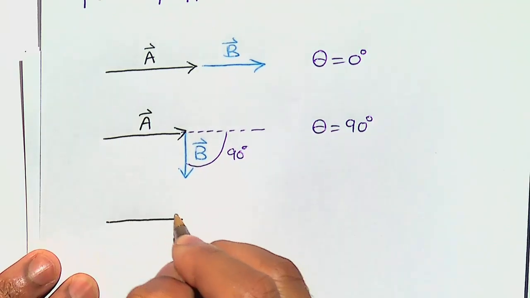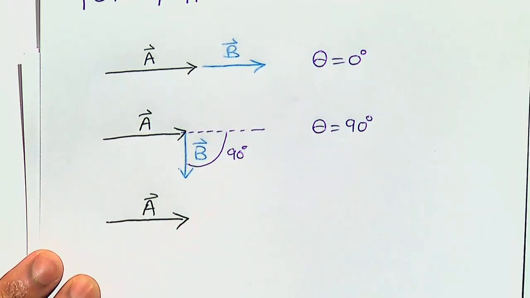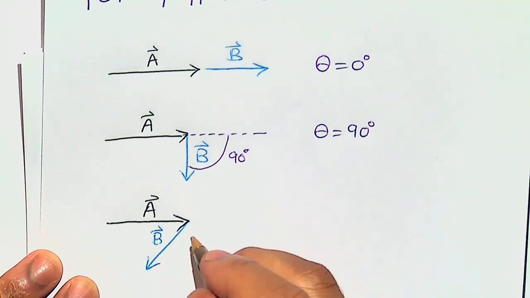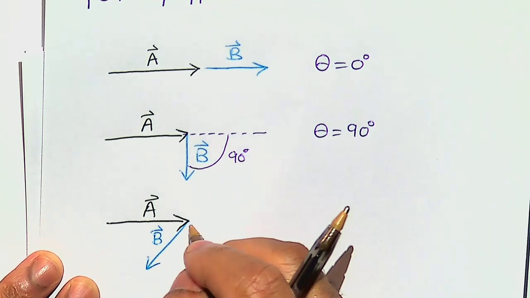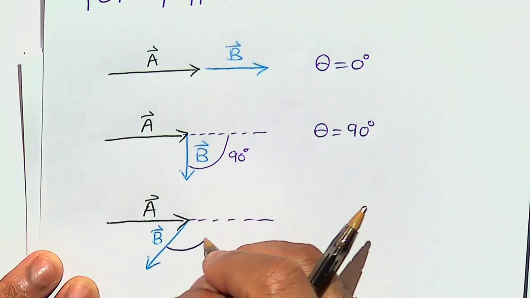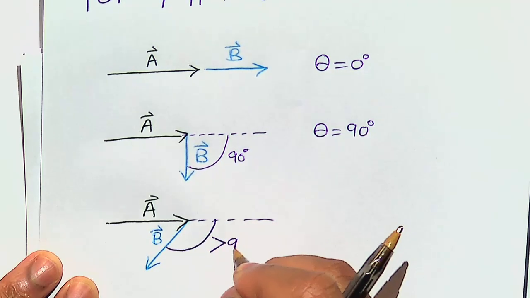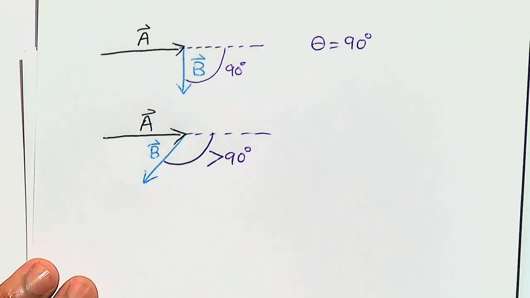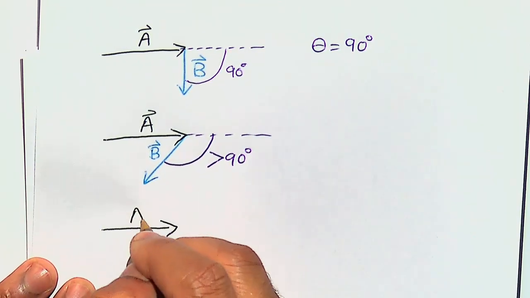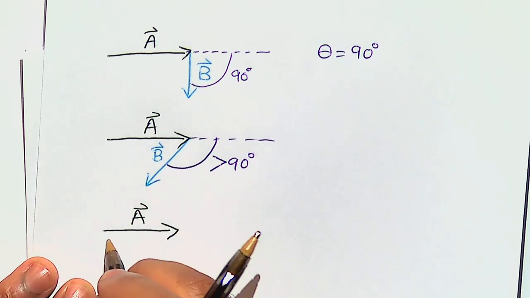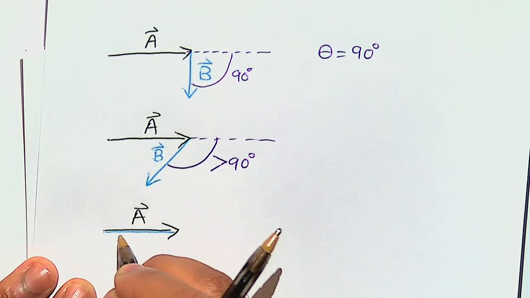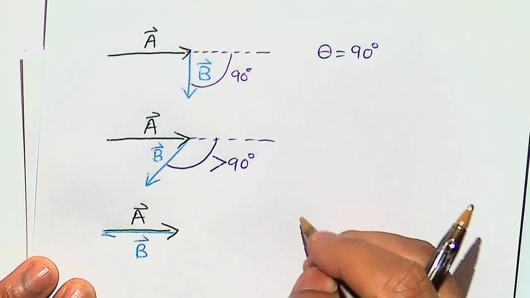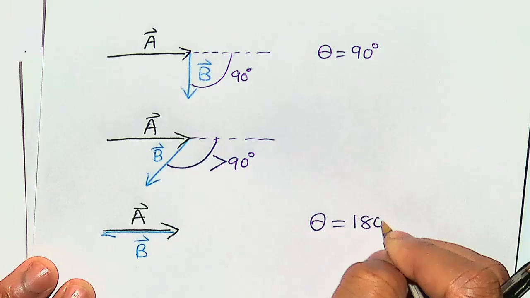So it can be a case where A points like this, and then B points like this, and what you get is some angle that is larger than 90 degrees, right? And it can go all the way to the extreme where they're actually pointing opposite each other. So A is pointing like this, and then B, I'm going to draw it side by side, is pointing the opposite direction, right? And that we define to be 180 degrees apart.